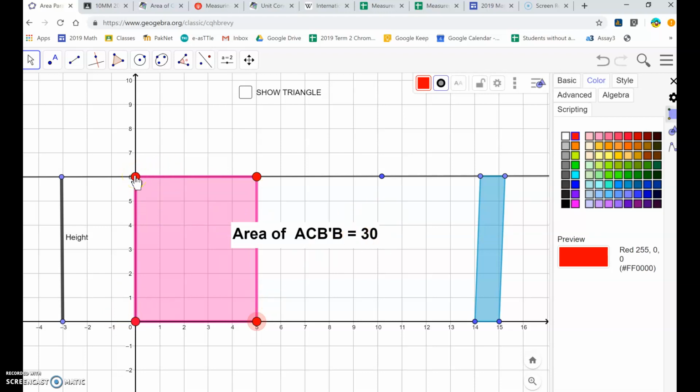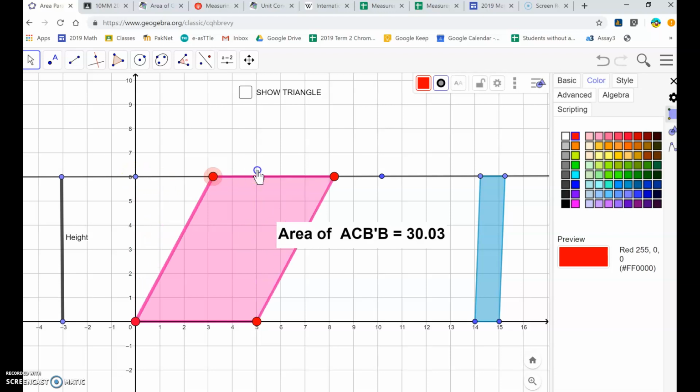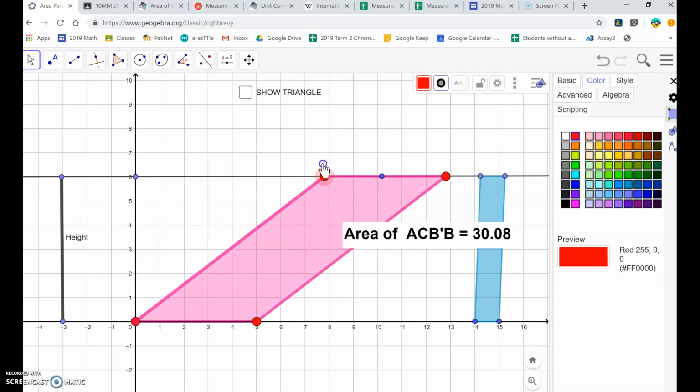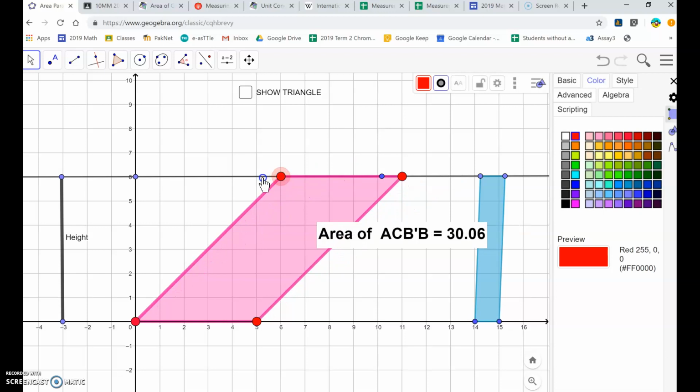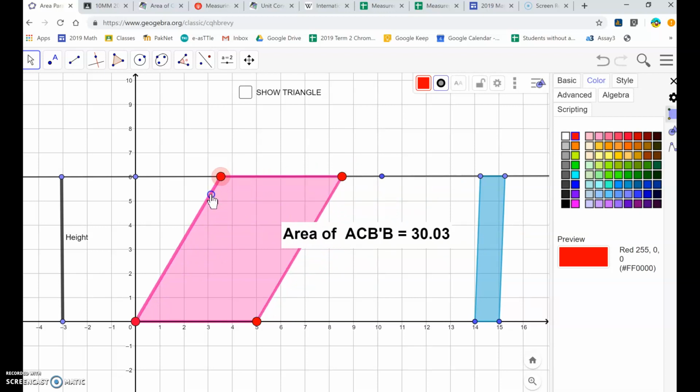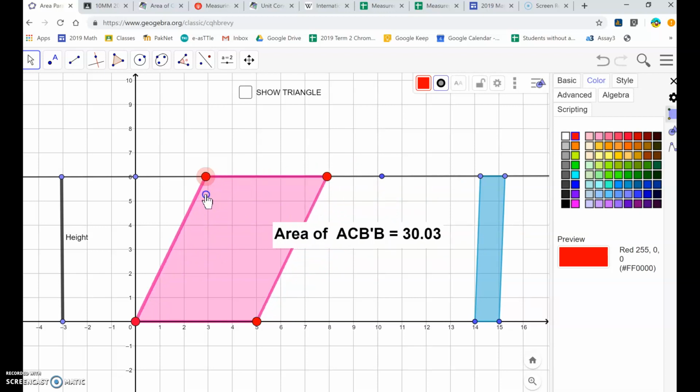Now this is where the fun begins. I'm going to move that across. Now, theoretically, that should not be changing my area. So I've got something set up not quite right here.